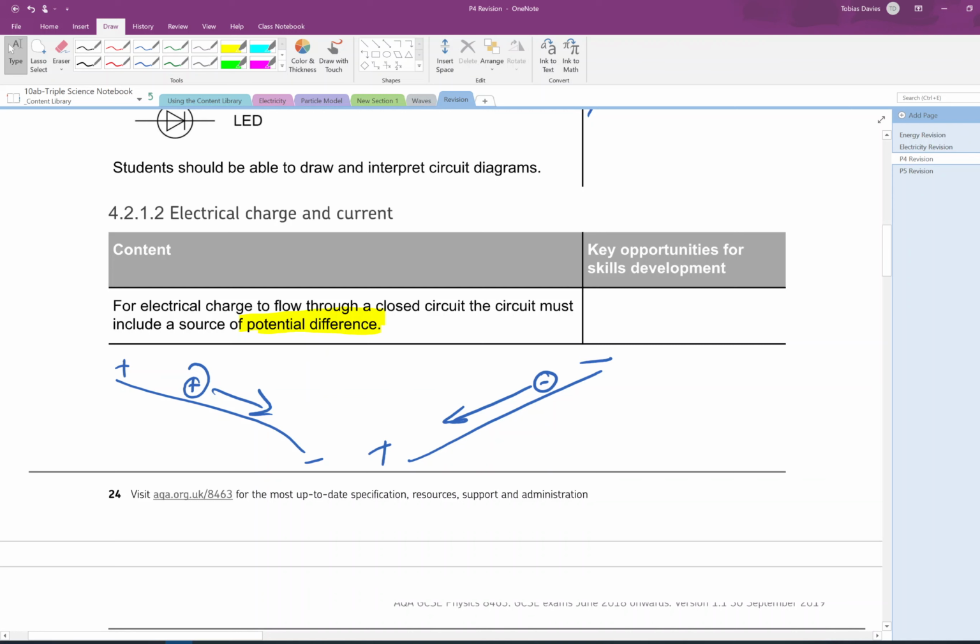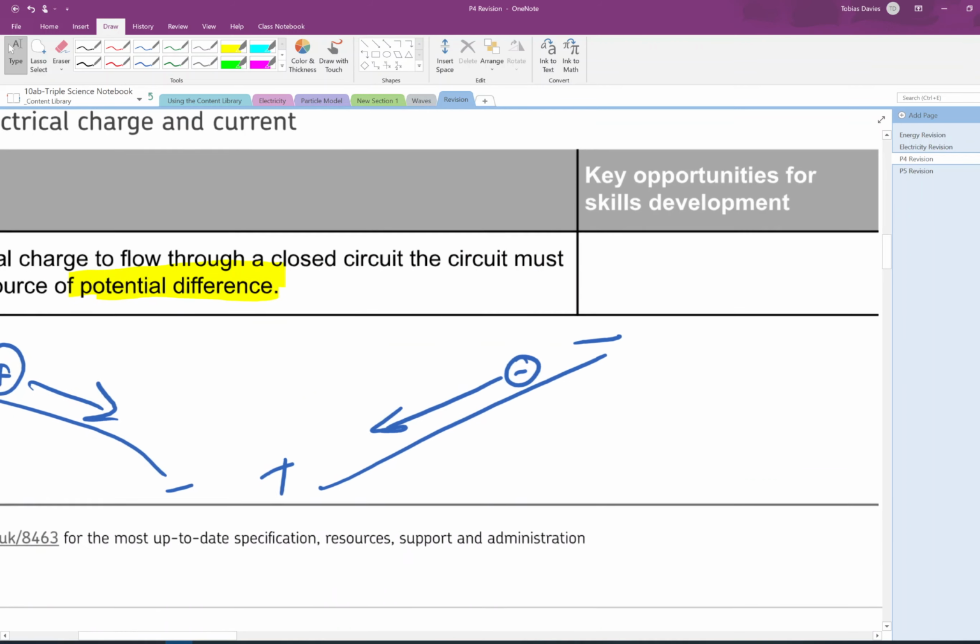Now, for electric charge to flow, so for you to have an electrical current in a circuit, you need a source of potential difference. So I want you to think about a ball on a hill. It's the gravitational potential gradient that would make a ball roll down a hill, and so there's a potential difference there.